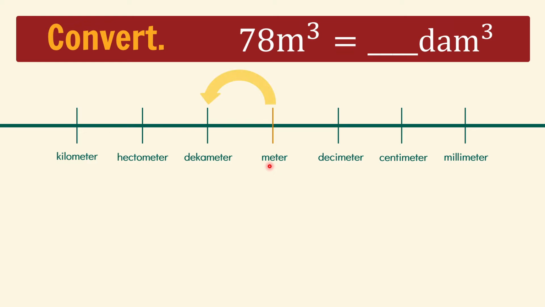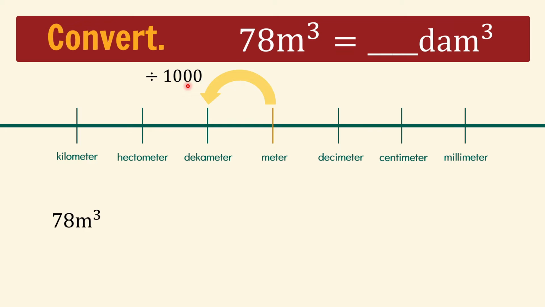That's right, we need to take one step to the left. Since we are converting smaller units to bigger units, what operation will we use in the conversion? Okay, the operation we will use is division. But since we are talking of volume, each step will be 1000.